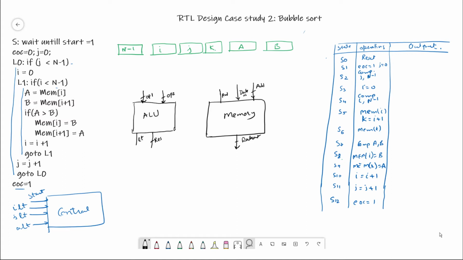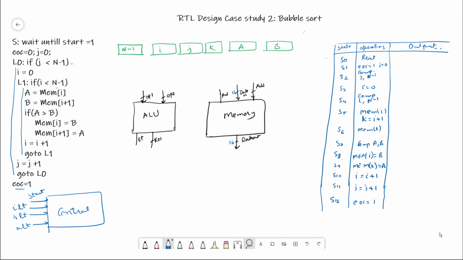Now the sizes of these operands also need to be fixed. What is the memory required? What is the size of memory? What is the width? For that we need to assume what is the size of A and B, or what the elements are. So let's say that all the data in is 16-bit. This is also 16-bit, and how many memory locations are we sorting? Let us say we are sorting some 1000 locations.